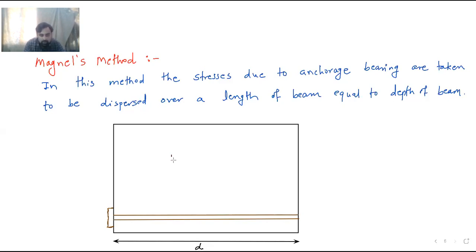Here in the central portion, the stress in the vertical direction will be there. This is called Fz, the vertical direction stress. Then there will be the horizontal direction stress, called Fx.